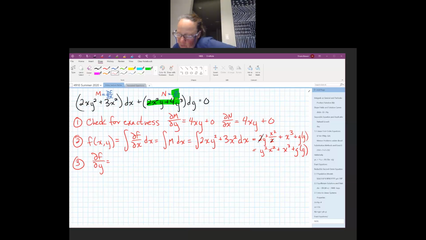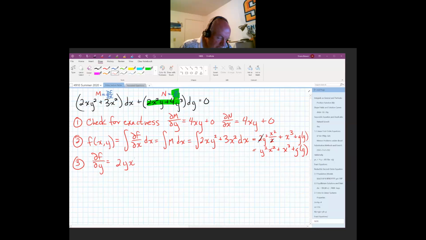Now we have to differentiate that with respect to y. So that'll be 2y, the x cubed goes away. What happened to the x squared?